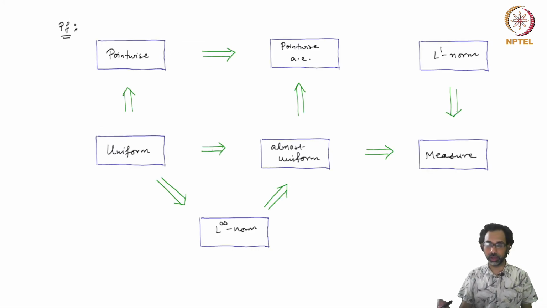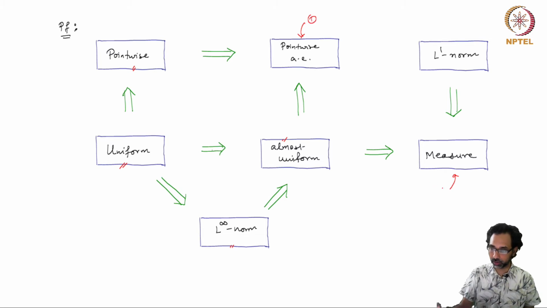To start the proof, it's helpful to go back to our map of implications, which will help us reduce the number of cases to consider in our proof. So here notice that no matter where you start, whether you start at uniform or L infinity or almost uniform or pointwise, if you follow the chain of implications, then you either end up in pointwise almost everywhere convergence, or you end up in measure convergence.